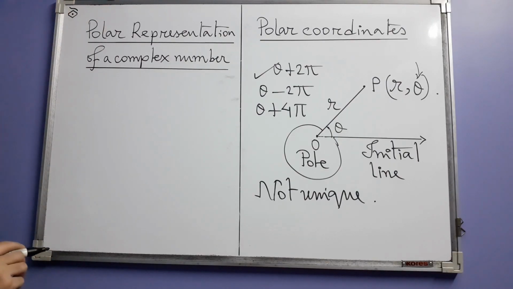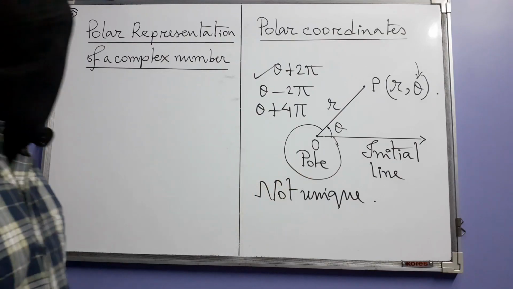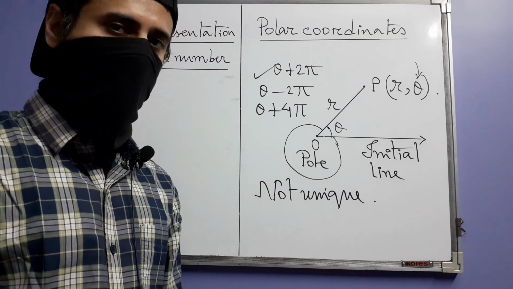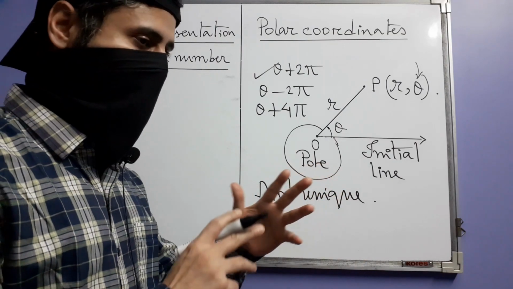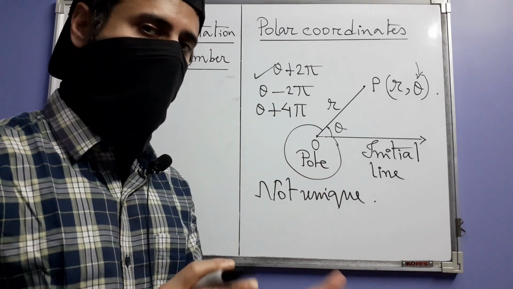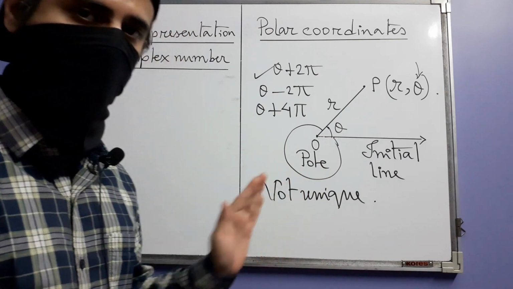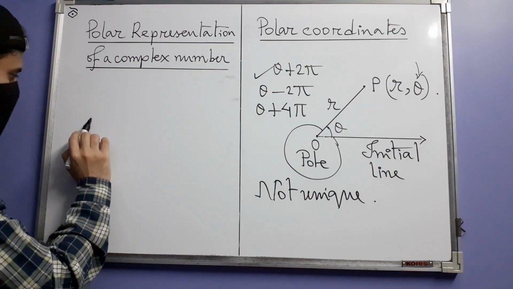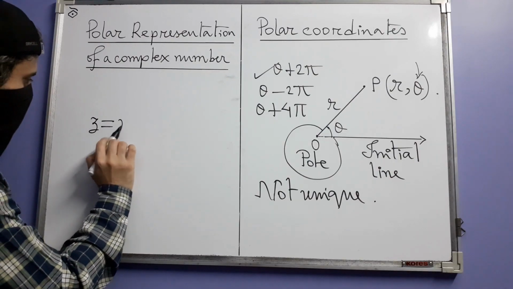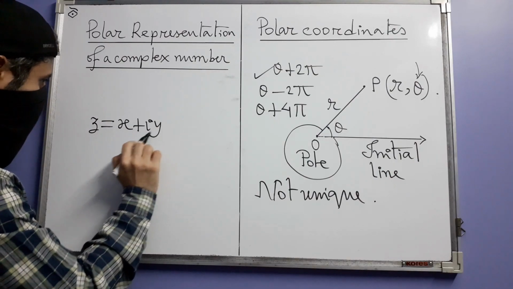Now we are going to use this fact to give a different representation to complex numbers than the one which we have, that is z equal to x plus iy.